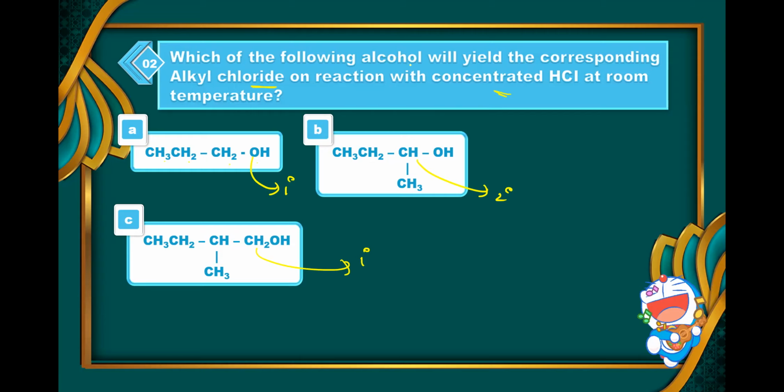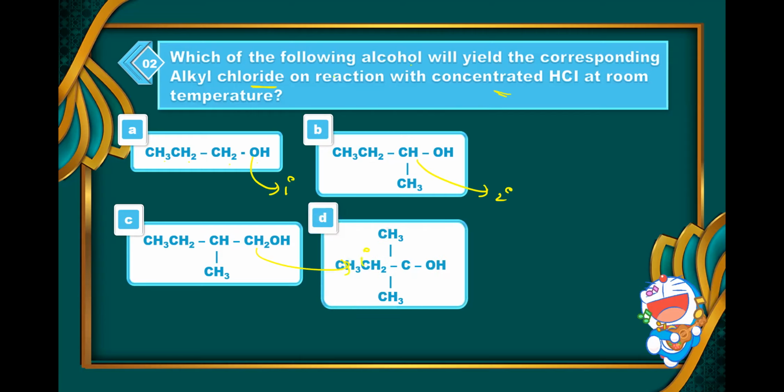Which of the following alcohols will yield the corresponding alkyl chloride on reaction with concentrated HCl? Both CH3s come here. This is the structure: CH3CH2C(CH3)(CH3)OH. This is a question. Now, this is a primary alcohol, a secondary alcohol, a primary alcohol, and a tertiary alcohol.